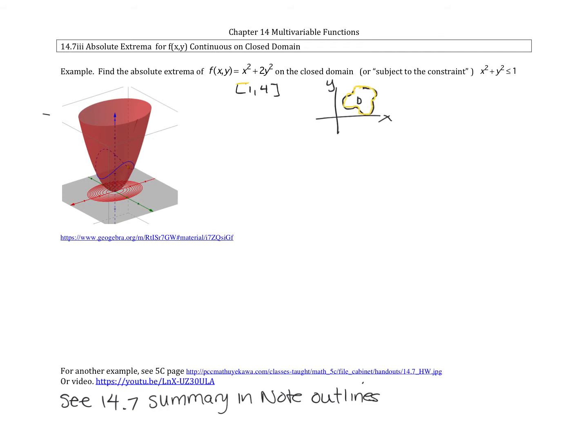The boundary is similar to what happens here at the endpoints. So if we're asked to find the absolute extrema between 1 and 4, including 1 and 4, that's the same as taking a function of two variables and saying, find the absolute extrema on this closed domain, which means on the boundary, which is the yellow part, and then everywhere inside.